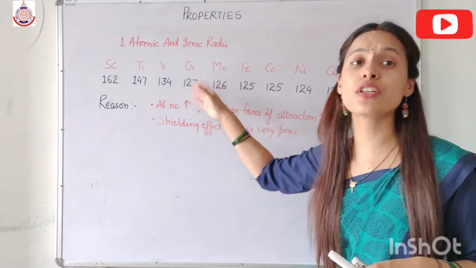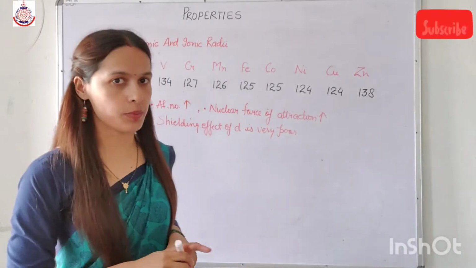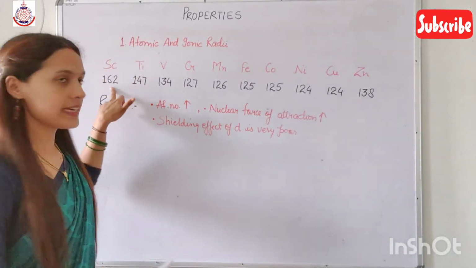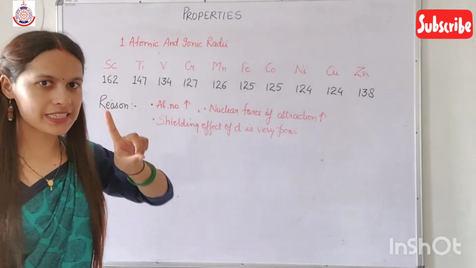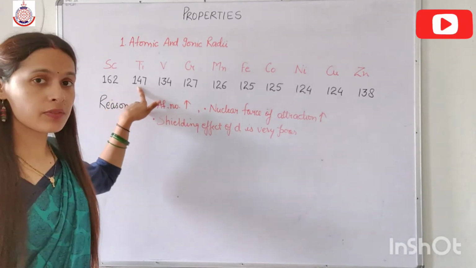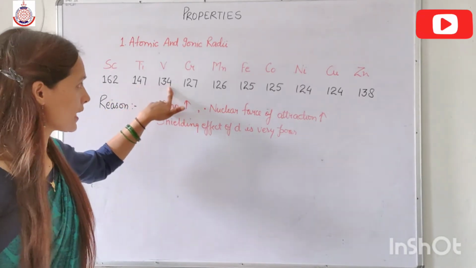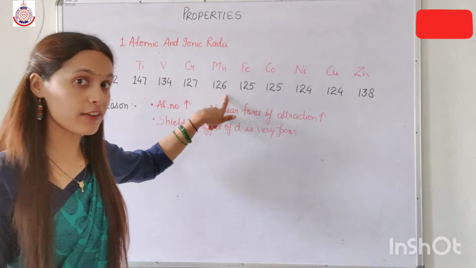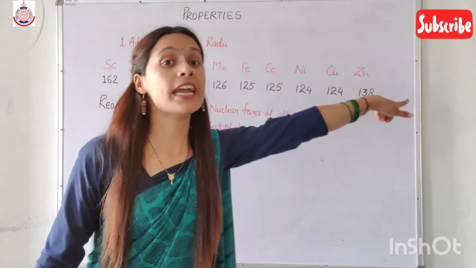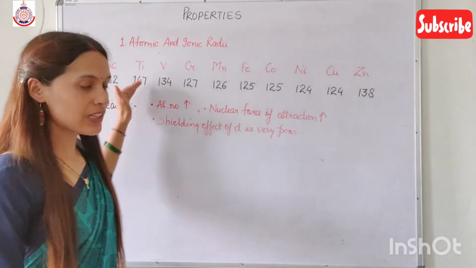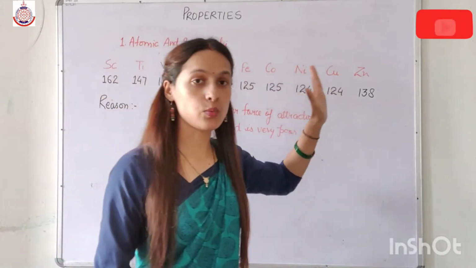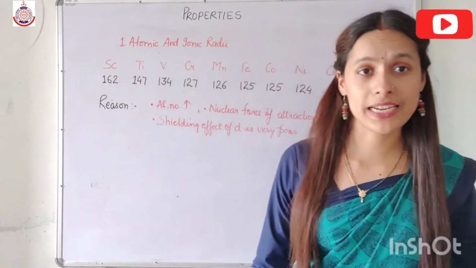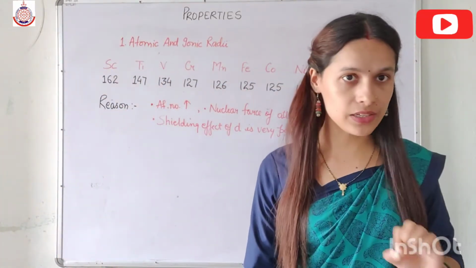But what happens after chromium? Now, in scandium, we have 1 electron in D. In titanium, we have 2 electrons in D, then 3, 5, 5, 6, 7, 8, 9 and 10 electrons in D. Means as we move from left to right in a period, the number of electrons in the D orbital increases.